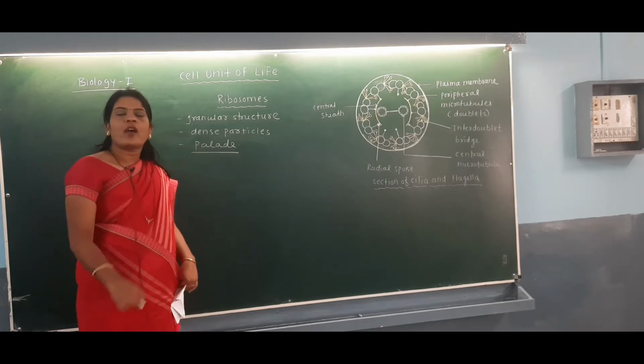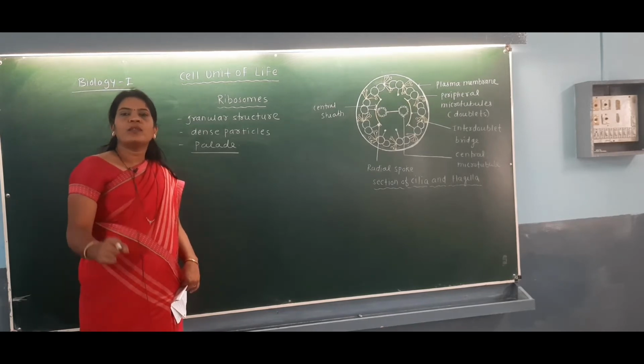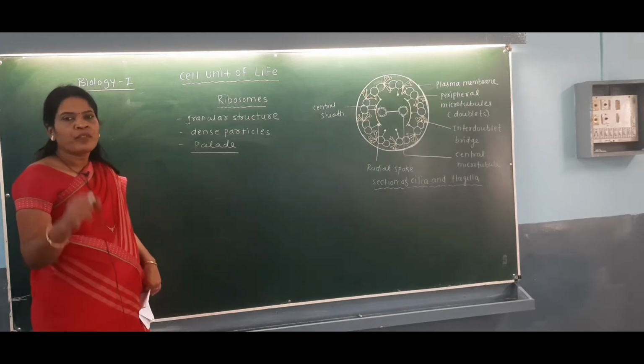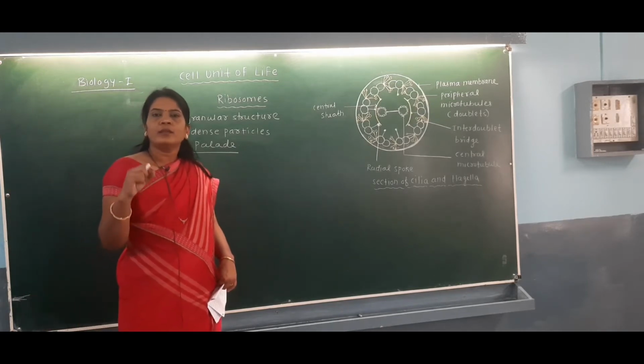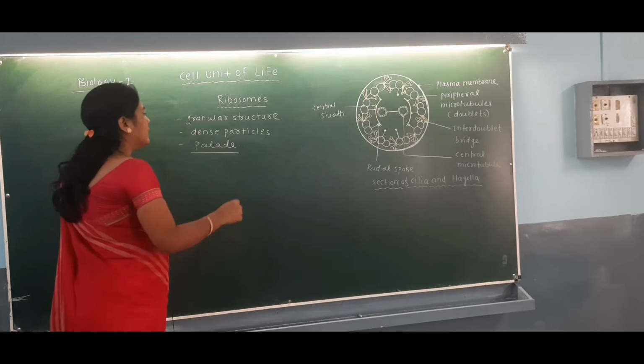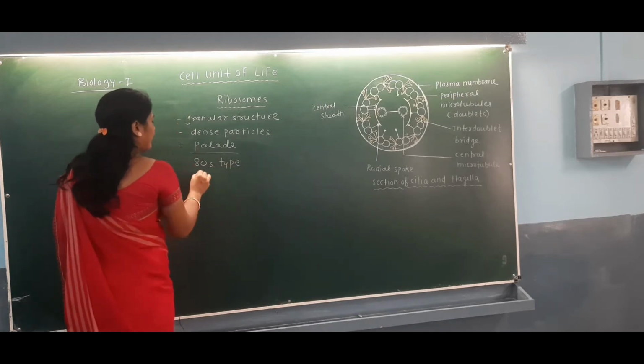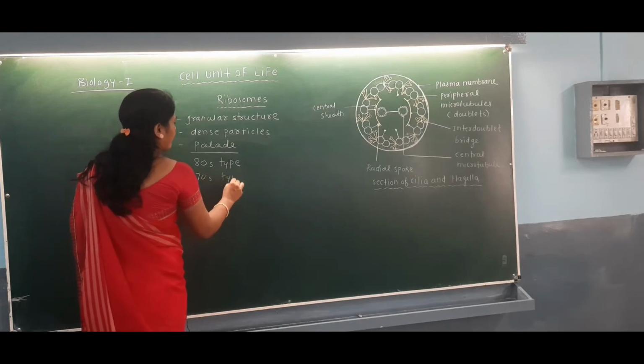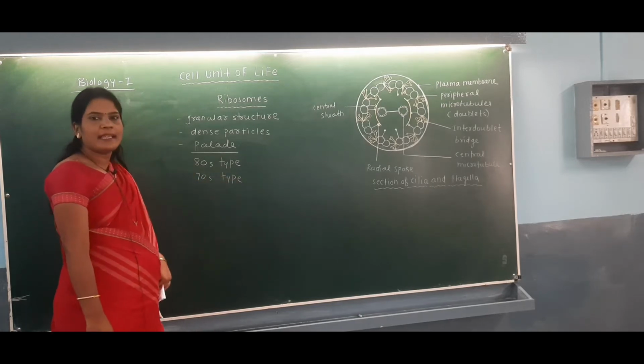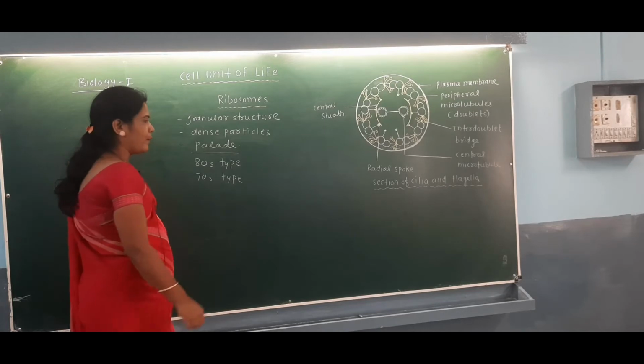Now you can observe that ribosomes are of two types: the 80S ribosome and the 70S type of ribosome. So what is meant by 80S and 70S type of ribosome?